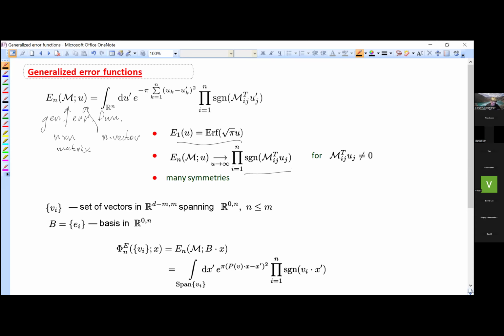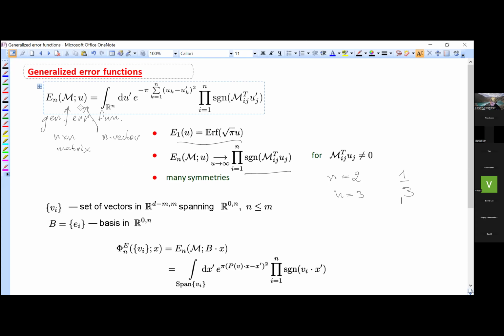And there are actually many rotational symmetries, so that the function does not depend on all components of the matrix. For example, for n equal 2, we have a 2 by 2 matrix, so it has 4 parameters, but actually the function depends only on 1 parameter. In the case n equal 3, instead of 9 components of the matrix, the function depends only on 3 parameters. So you see, there are a lot of symmetries.